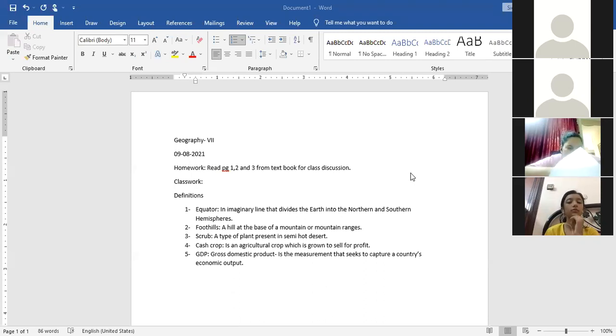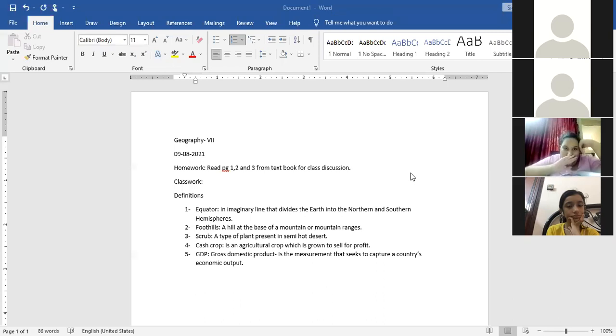Number five, we have GDP. GDP, the full form is gross domestic product. As the definition states, it is the measurement that seeks to capture a country's economic output. With this, we mean in broad terms that every country has an economic output.